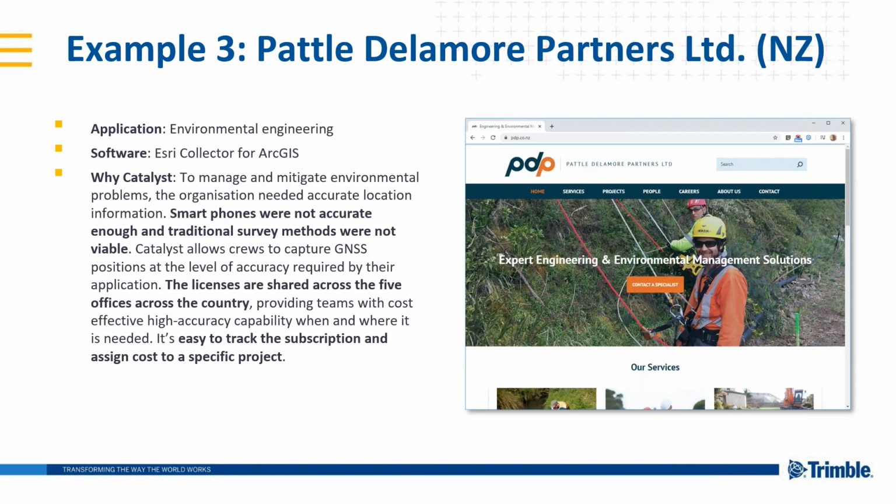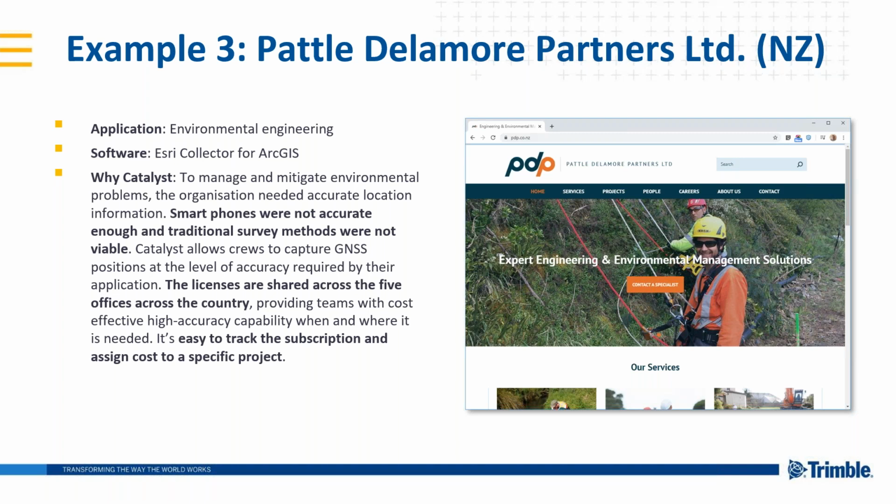And then the third example is local to me here in New Zealand. It's an environmental engineering company, and this is probably the best example of these three for me. It's not a developer, so this is a user.